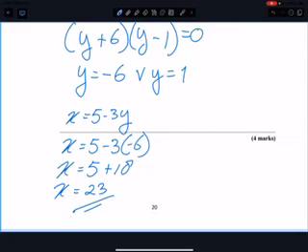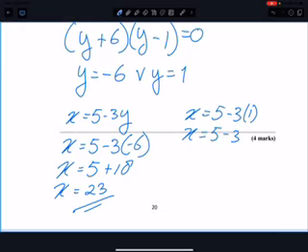And then you still have the other one. X equals 5 minus 3 multiplied by 1. So x equals 5 minus 3. X is 2. So x is either 23 or 2.